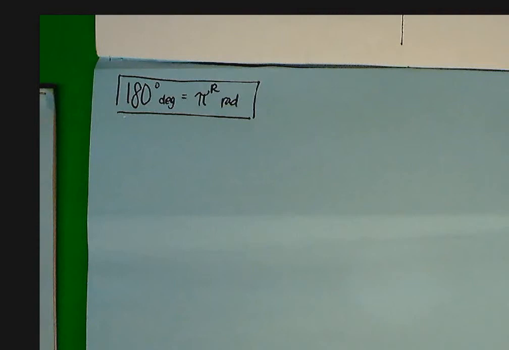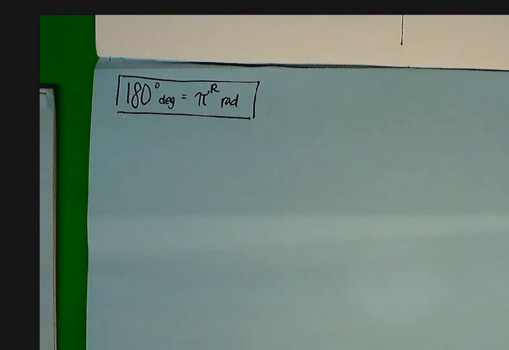Watch again. 5 pi. Now what if I go this way? Negative pi over 2. Negative pi. Negative 2 pi. Okay, now negative pi to 0.